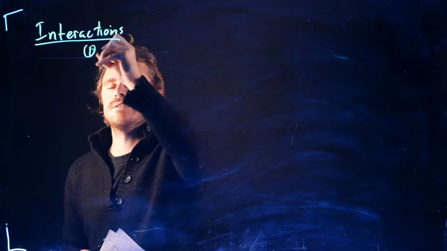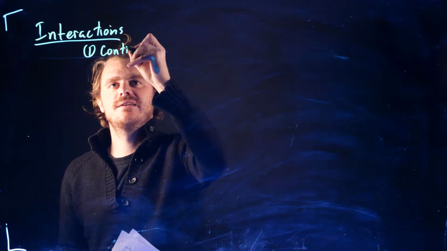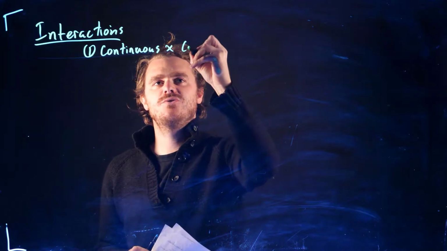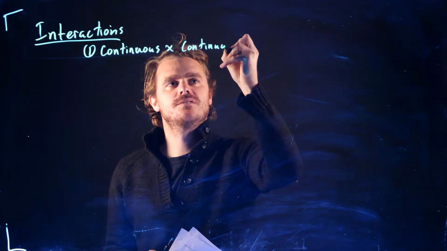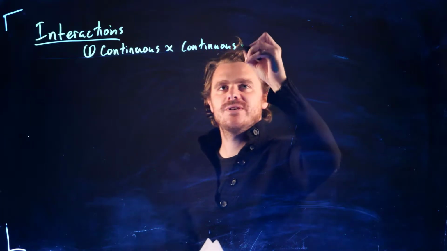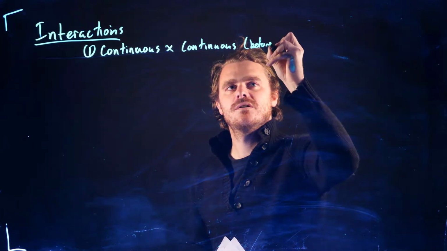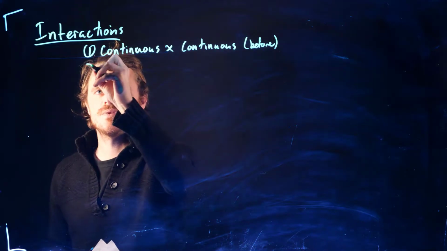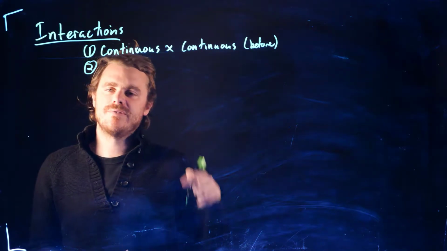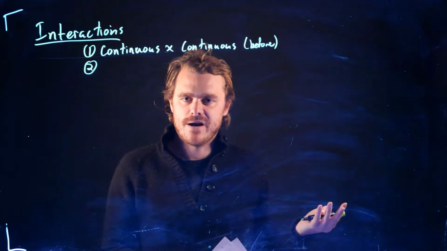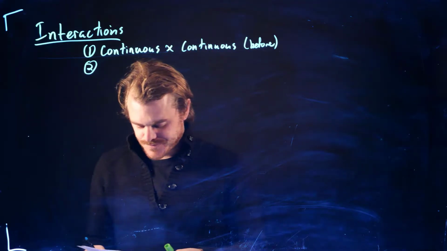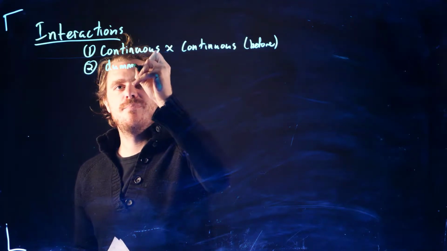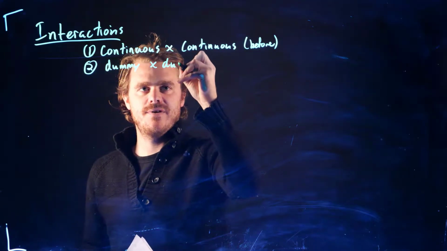So let's maybe list them all. Remember, interactions are just variables multiplied by each other. We could have two continuous variables multiplied by each other, and we saw this before, in that last module where we talked about interactions. Now that we've introduced this new kind of variable, the binary variable, we could have a dummy variable or binary variable times a dummy variable.